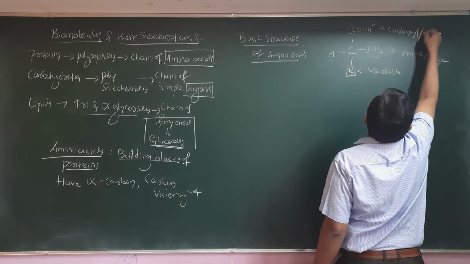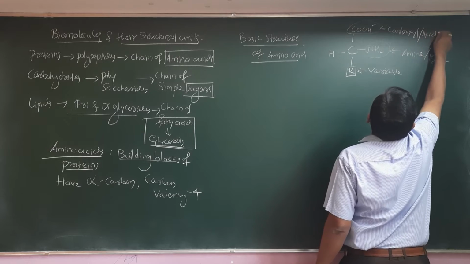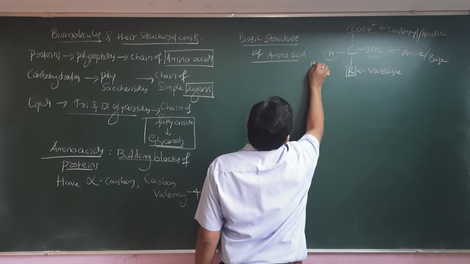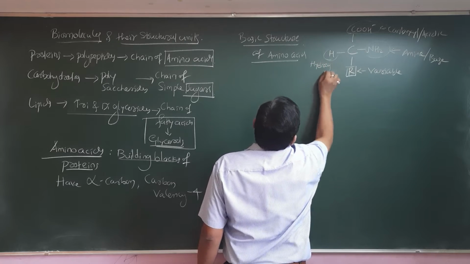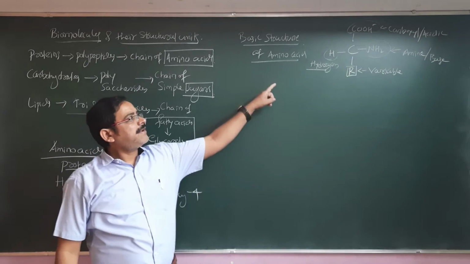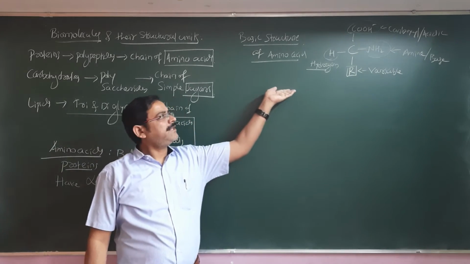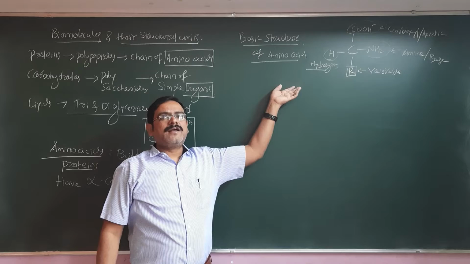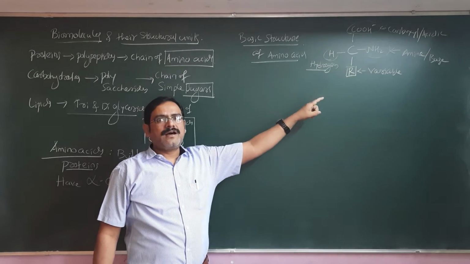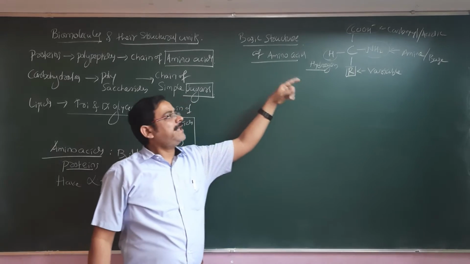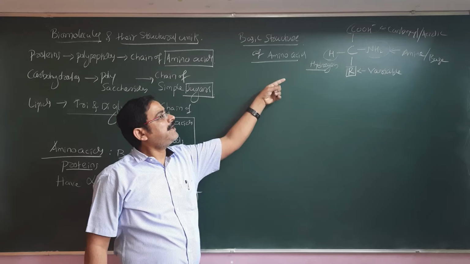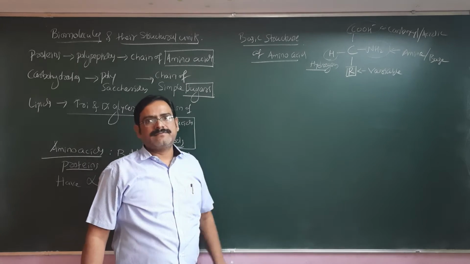Carboxyl group is also called the acidic group. Acidic, and here is the hydrogen. So all the 4 positions are occupied by 4 different kinds of chemicals. The valency of carbon is 4, and all its 4 positions are occupied by one R variable group, the amine NH2 group or the base, the carboxyl group COOH, the acidic group, and hydrogen.